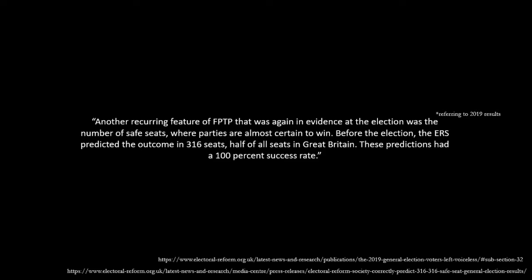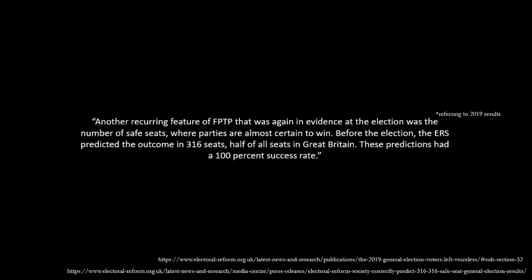To quote the Electoral Reform Society discussing safe seats: "Another recurring feature of first past the post that was again in evidence at the election was the number of safe seats, where parties are almost certain to win.